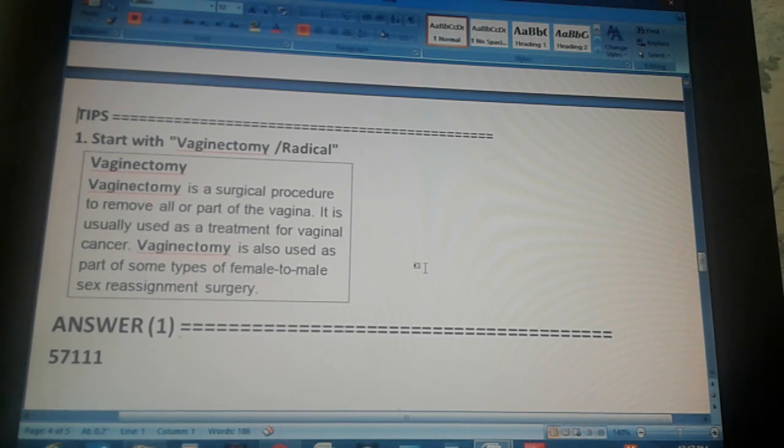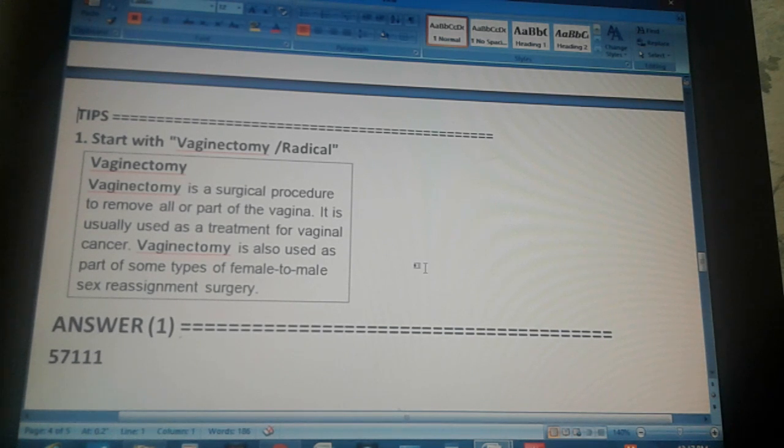And now this is an explanation of what a vaginectomy is, and can you read it? Okay. Vaginectomy is a surgical procedure to remove all or part of the vagina. It is usually used as a treatment for vaginal cancer. If the patient has vaginal cancer, it's usually to just take the vagina out, right? Right. Vaginectomy is also used as part of some types of female to male sex reassignment surgery. Right.